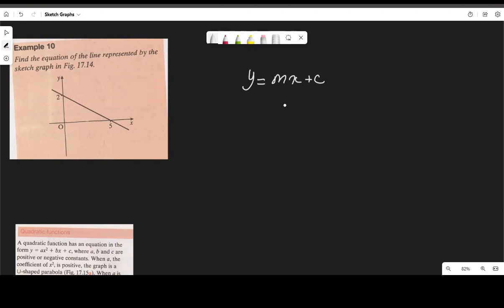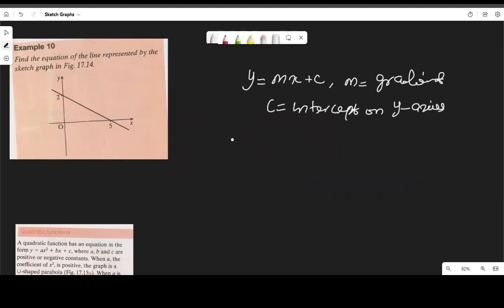Here we need to find m. m is the gradient. c is the intercept on the y-axis.